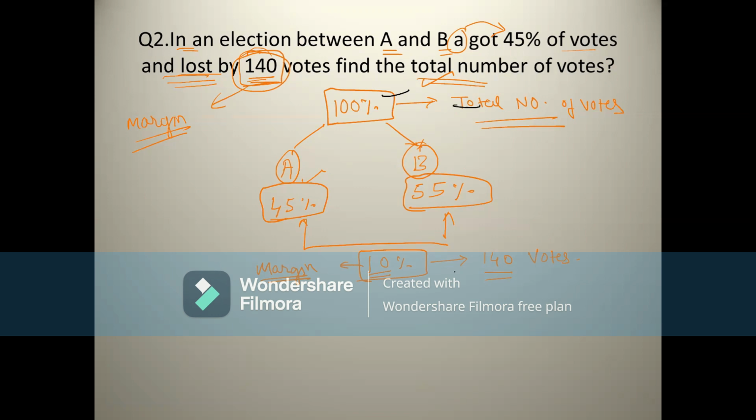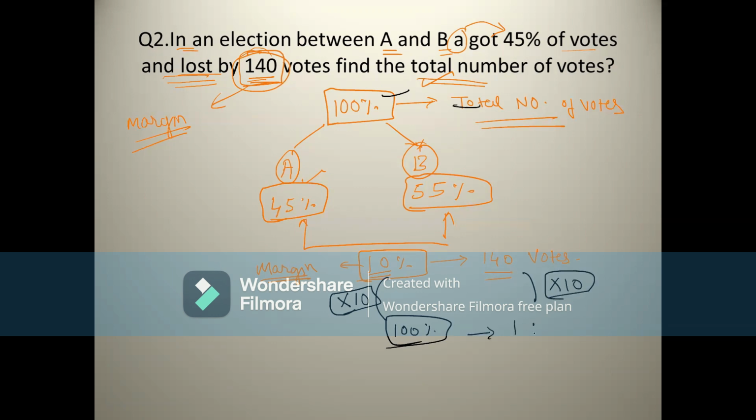So my 10% value is 140, and I have to find the value of 100%. I have to multiply this 10 by 10 to get 100. So I have to multiply this 140 by 10 also to balance the equation.